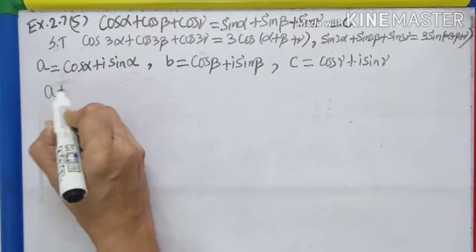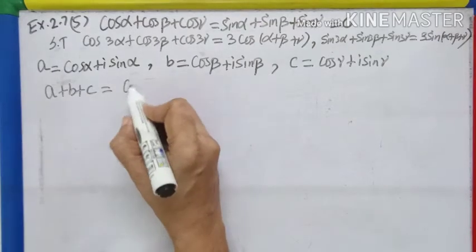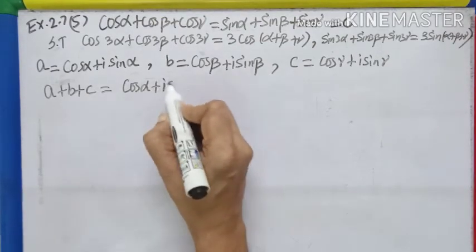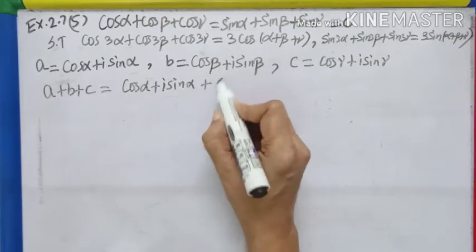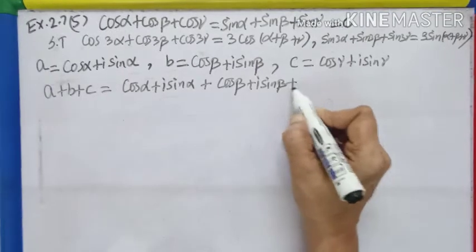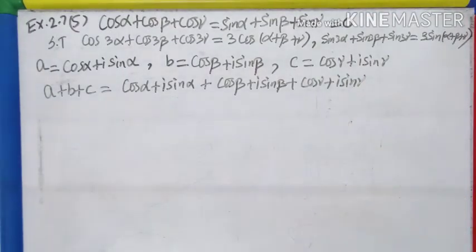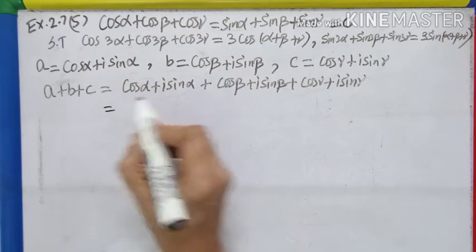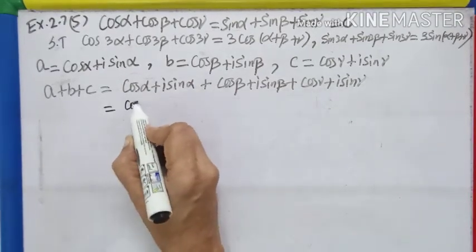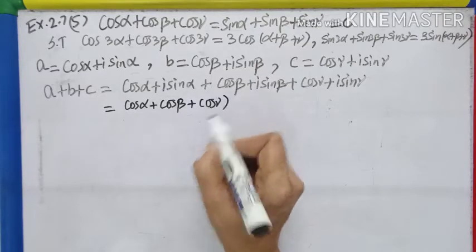What happens if I add it all? A + B + C = cos α + i sin α + cos β + i sin β + cos γ + i sin γ. What do you mean by addition of complex numbers? We take all the real together: cos α + cos β + cos γ.